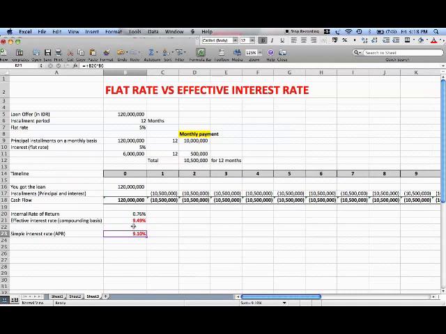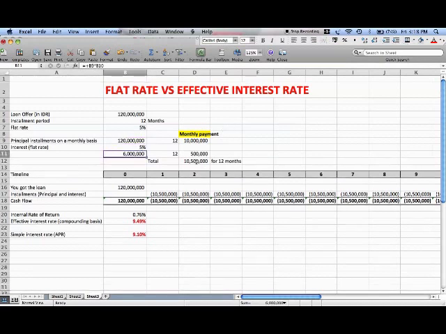Why is the flat rate 5% and the effective rate 9.49%? It is because the flat rate of 5% takes into account that the interest rate is applied to 120 million rupiah.